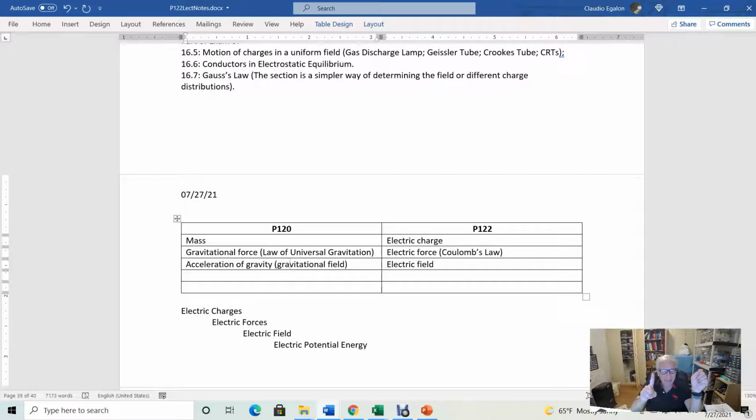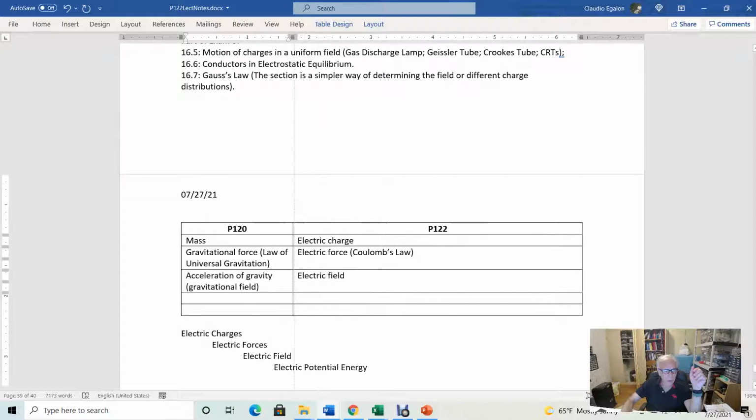We can talk about the gravitational field of only one mass, but we cannot talk about the gravitational force of one mass. We always talk about gravitational force of two masses. Same thing here. The electric force is always the electric force of at least two charges, right? At least two sources.